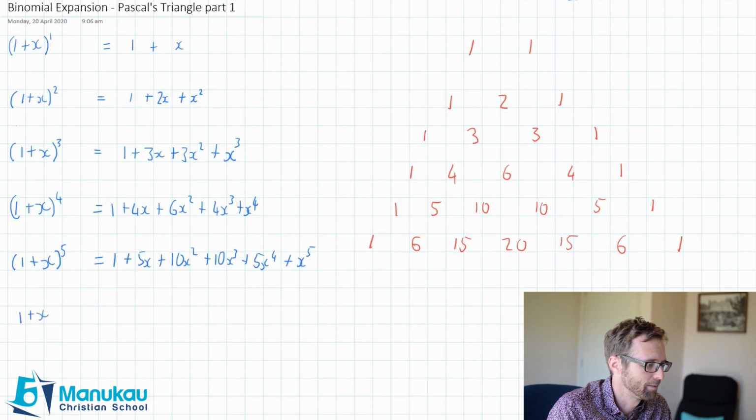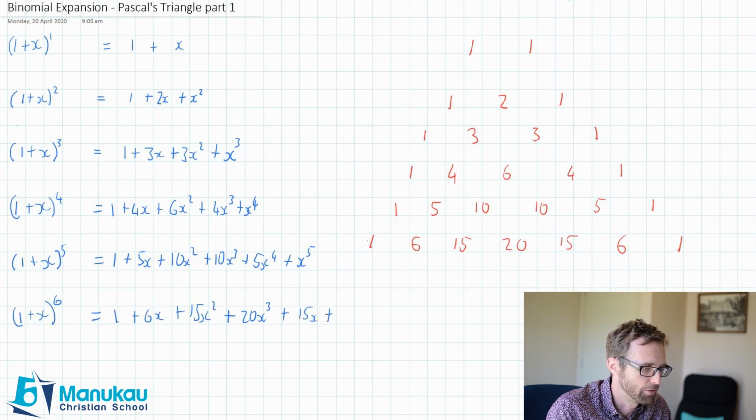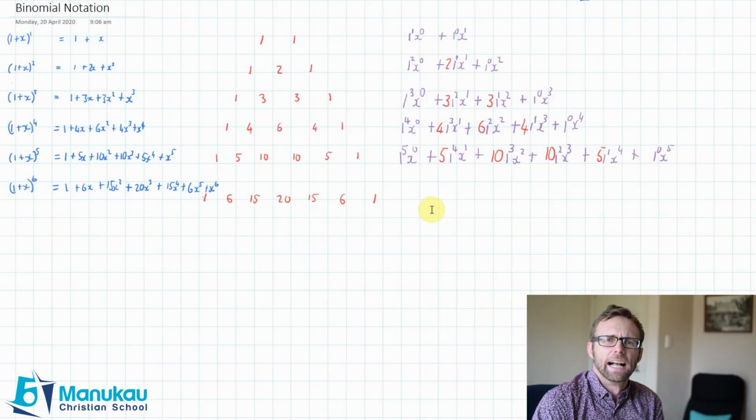It would look like this line here: 1 plus 6x plus 15x squared plus 20x cubed plus 15x to the 4 plus 6x to the 5 plus 1x to the power of 6. Now, I probably have not really helped myself here. I should probably move this around a little bit. Alright, we're ready to continue on.